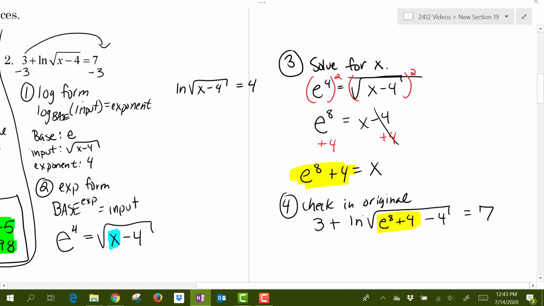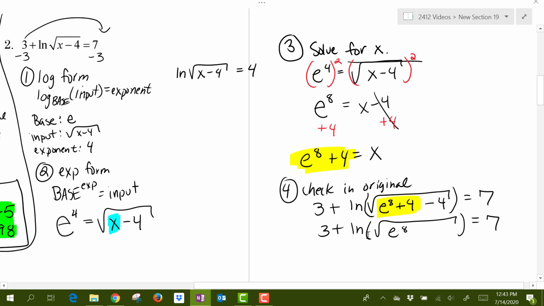Alright, we want to make sure that what's in the overall input of that log turns out to be greater than 0. So let's do a little simplification there. Positive 4 minus 4, that leaves me with e to the 8th. Okay, the square root of e to the 8th is what I have left over after I simplify.